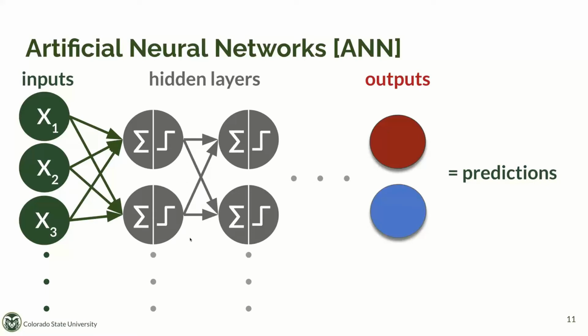As you can imagine, we can have many, many inputs. We can have many nodes, which are these gray circles. And we can also have hidden layers, where each layer consists of many nodes, and there can be multiple layers. And then we have these outputs, which are referred to as our predictions.